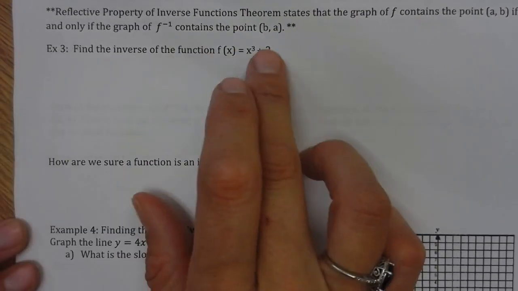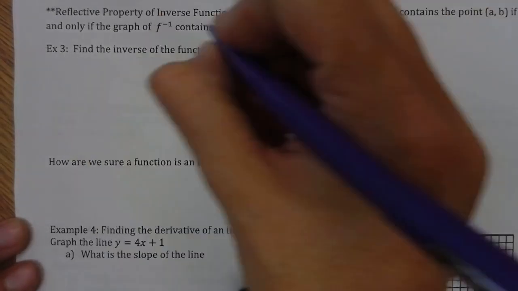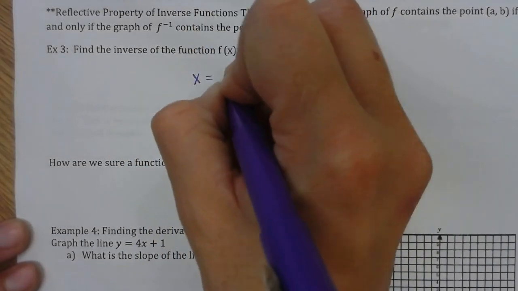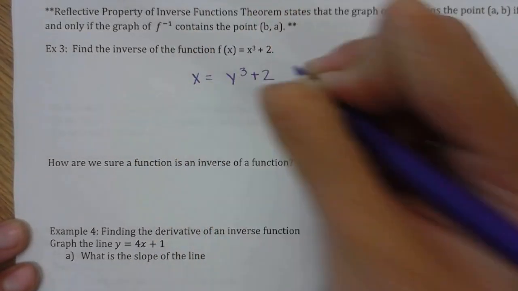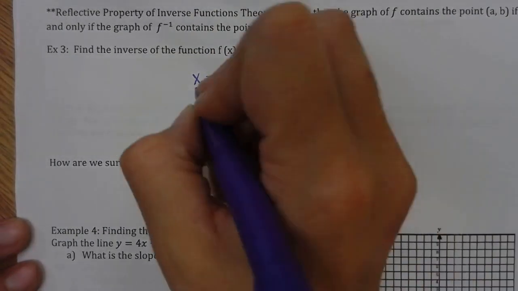So if you had to find the inverse of x cubed plus 2, what you're going to do is switch the x and y's. So you get x equals y cubed plus 2. And then you solve for y.